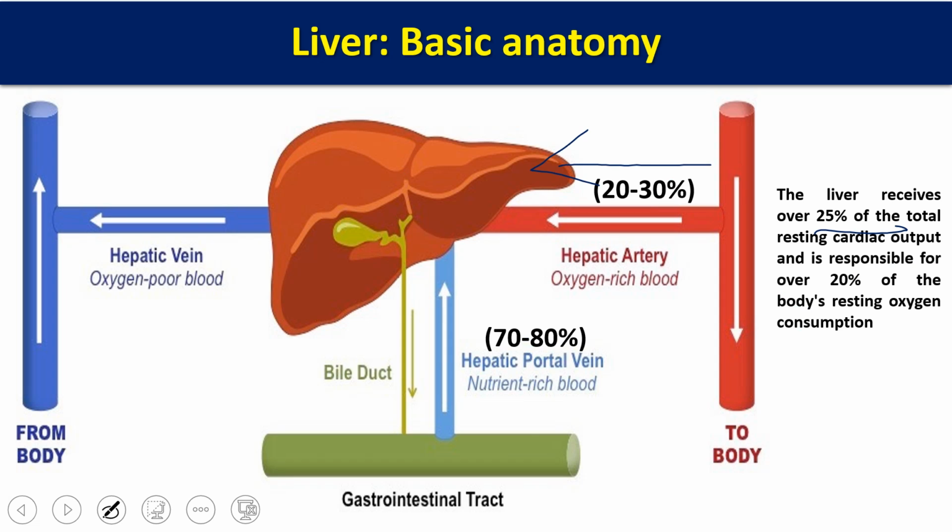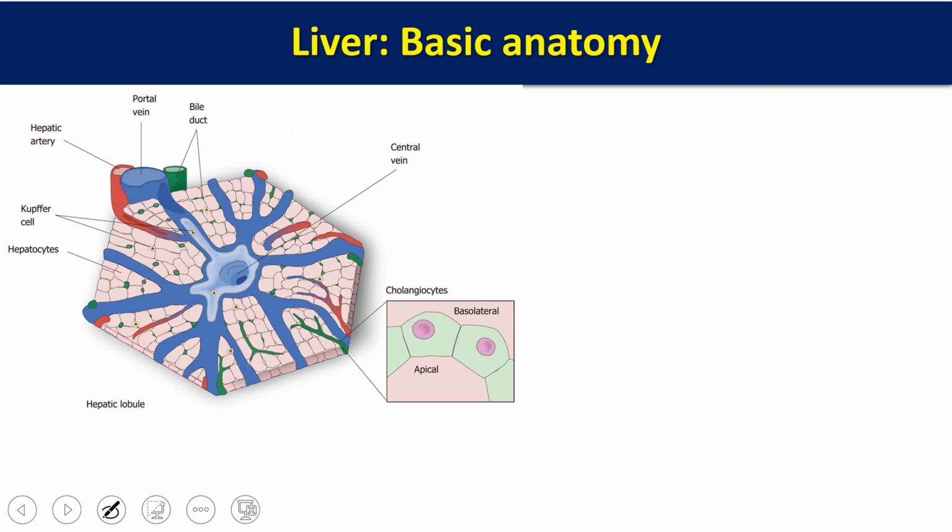That is 25% of the cardiac output, and it uses roughly 20% of the resting oxygen consumption. If my whole body uses a certain amount of oxygen, one fifth of it is used only by the liver. So it receives one fourth of the blood of the whole body, and consumes roughly one fifth of the oxygen.